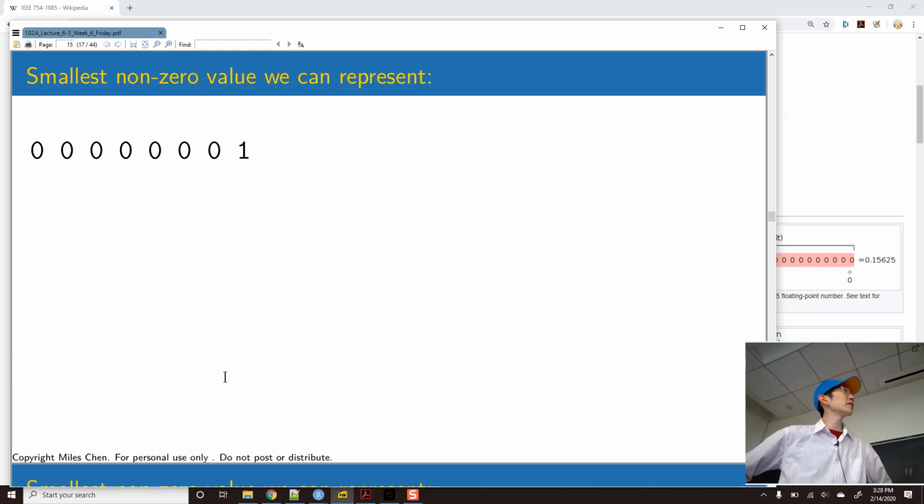This is the smallest non-zero value we can represent. 0 for the sign, 0, 0, 0 for the exponent, and 0, 0, 0, 1 for the mantissa. Can you figure out what this value is?